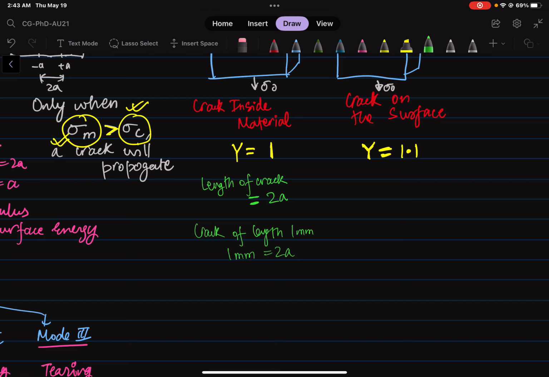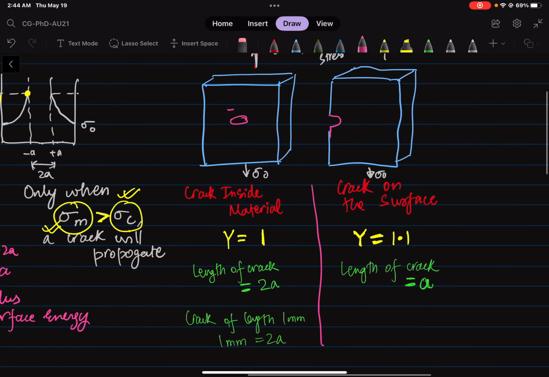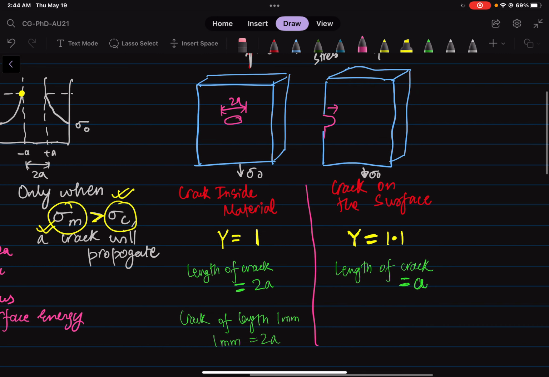But on the other side, when someone says length of crack, they are referring to the a value. So in this system, this length is considered 2a, which is the length of crack, whereas in this system, this length is considered a.